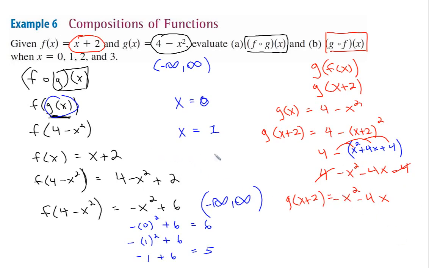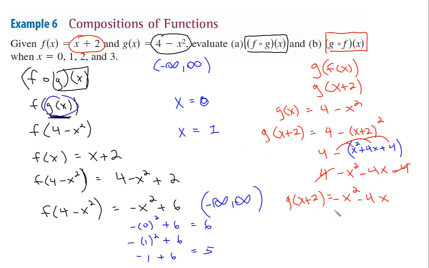And then if we need to evaluate, once you find the domain is negative infinity to infinity for both of these functions, the domain for g composed with f is also going to be negative infinity to infinity, because it overlaps for f of x and g of x.